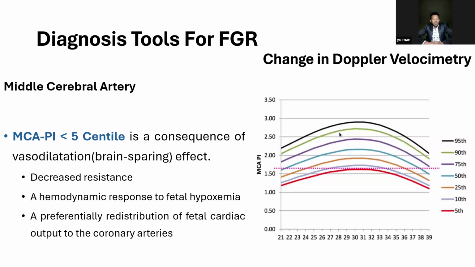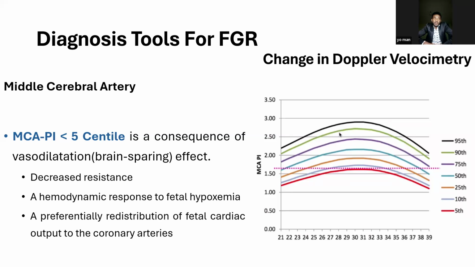But when FGR strikes, he has a lot to think about. So the flow will eventually go up to the coronary artery and the brain. There is a vasodilation that takes place.